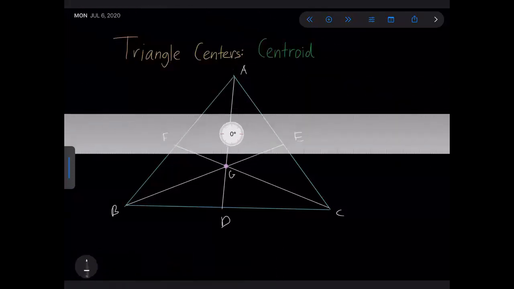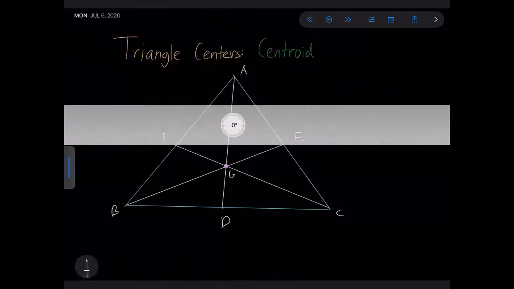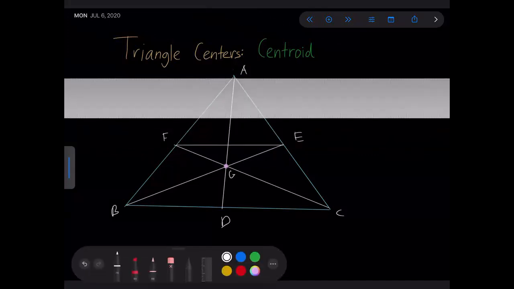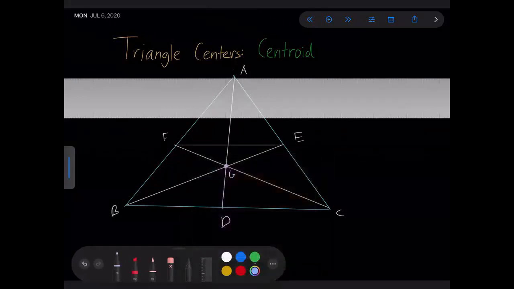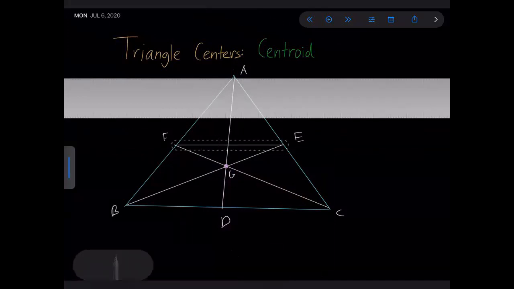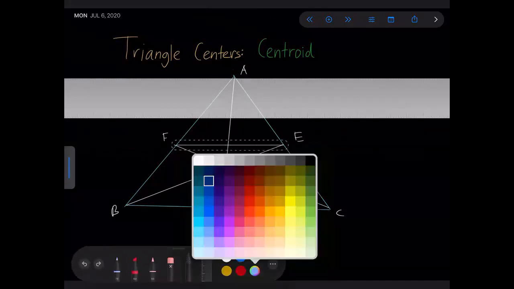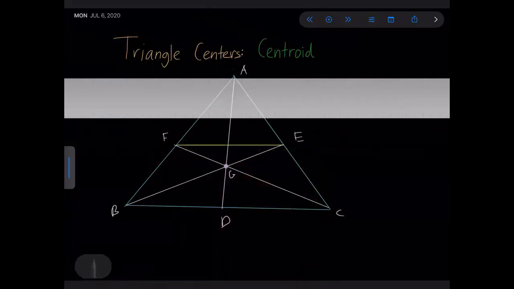We're going to form this line EF or FE, whichever one you prefer. Let's use a different color for that. There we go.